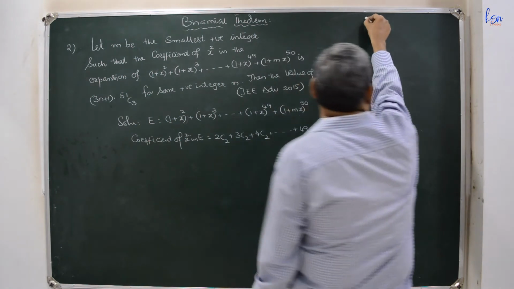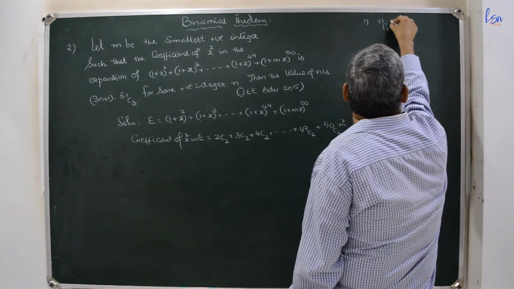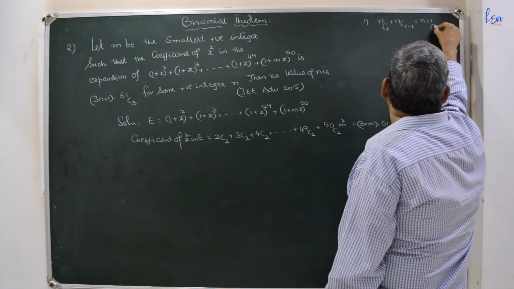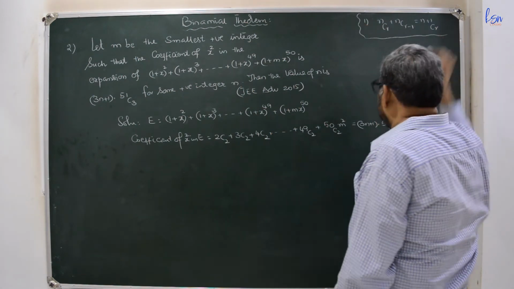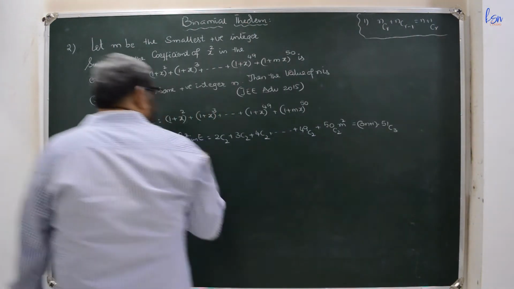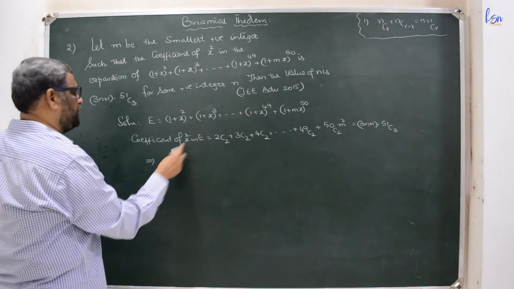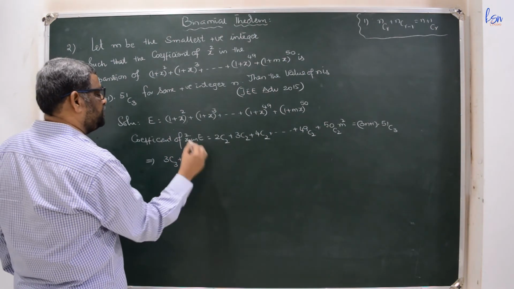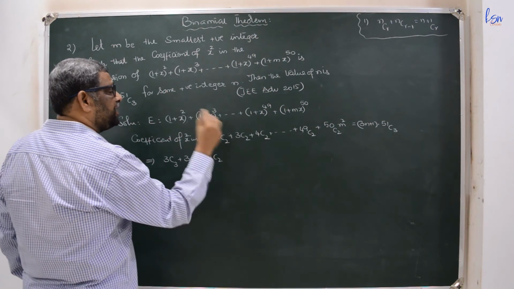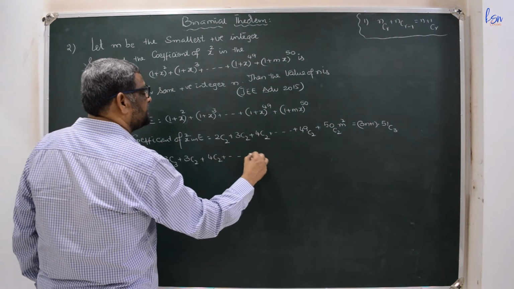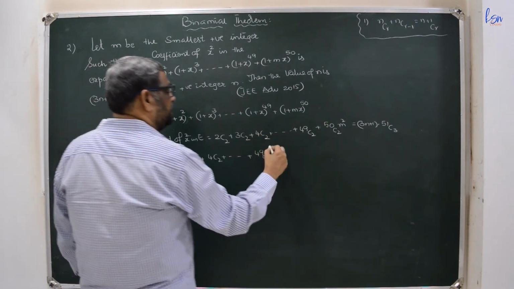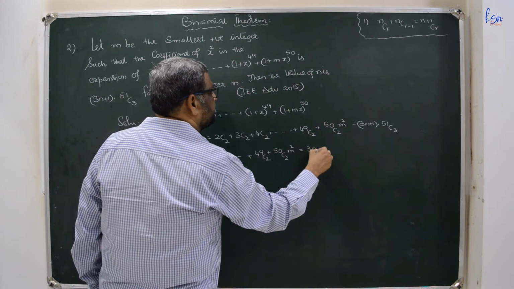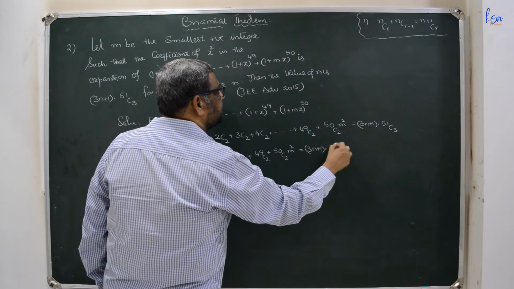There is a formula, we will make use of that one. nCr plus nC(r minus 1) is equal to (n plus 1)Cr. For that purpose, I will write 2C2 equal to 1, that can be written as 3C3, plus 3C2 plus 4C2 plus so on plus 49C2 plus 50C2 m square is equal to (3n plus 1) into 51C3.